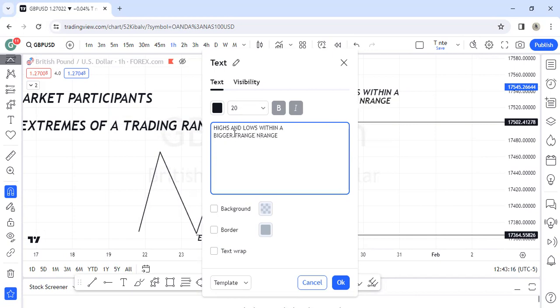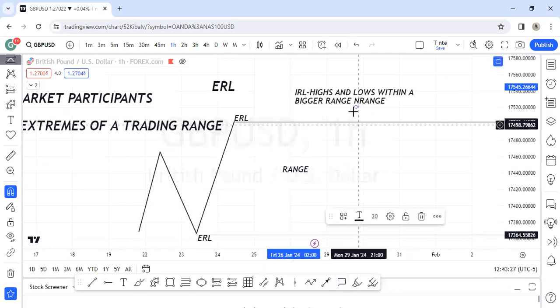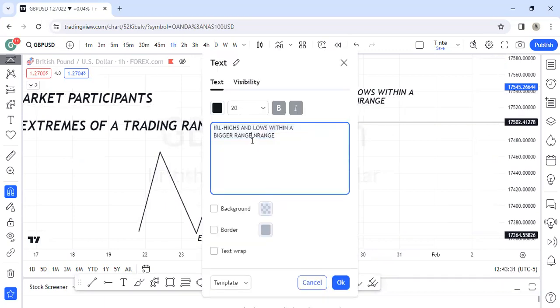So internal liquidity is the highs and lows inside a bigger trading range. Inside this bigger trading range, we usually see what we call internal range liquidity. Why? Because it is inside.